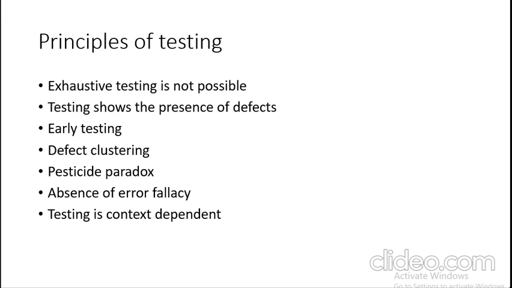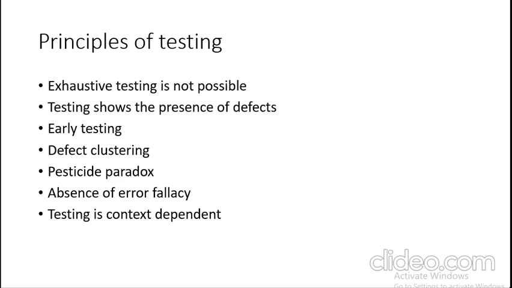So next is absence of error fallacy. If a product is 99% bug free, almost the product is completed, but we have 1% of the product with a defect and that 1% is important, so it is not usable.